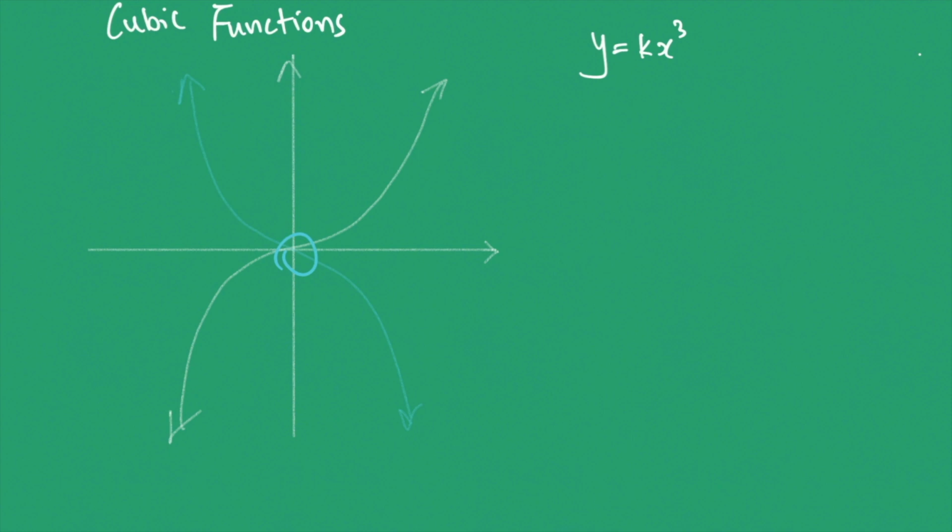And the same as a parabola, in the function y equals k times (x minus b) cubed, b means how it is shifted to either the left or right. For example, if b is 3, the graph will go 3 spots to the right.